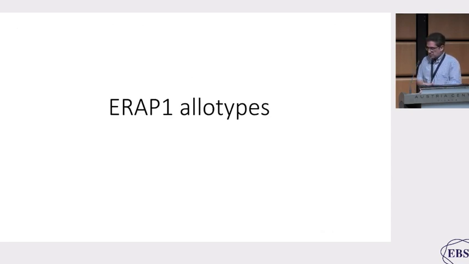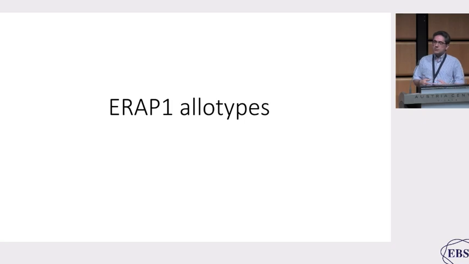So just a couple more slides that don't take too much of your time. I want to point out an emerging direction of this enzyme. It turns out that ERAP1 is polymorphic. This is quite common on genes that are important for the immune system and differentiate our responses to pathogens within a population.